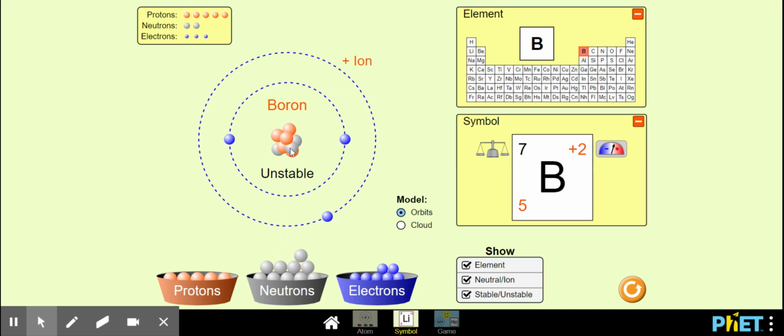Anytime you add a neutron, you do not affect the atomic number, you change the mass number. And both protons and electrons, but not neutrons, affect the charge. We can add a couple of electrons and get that net charge down to 0.